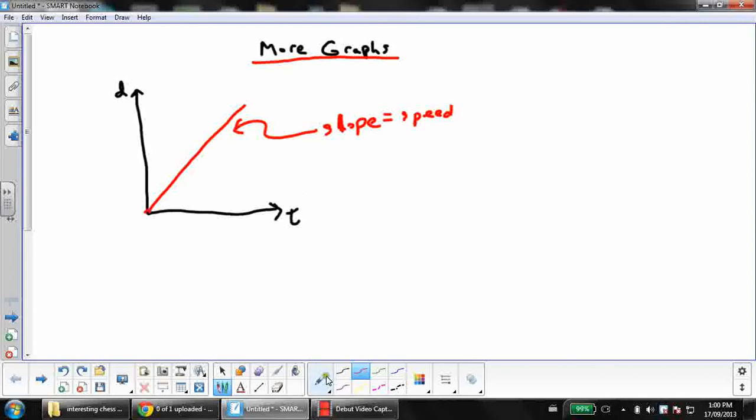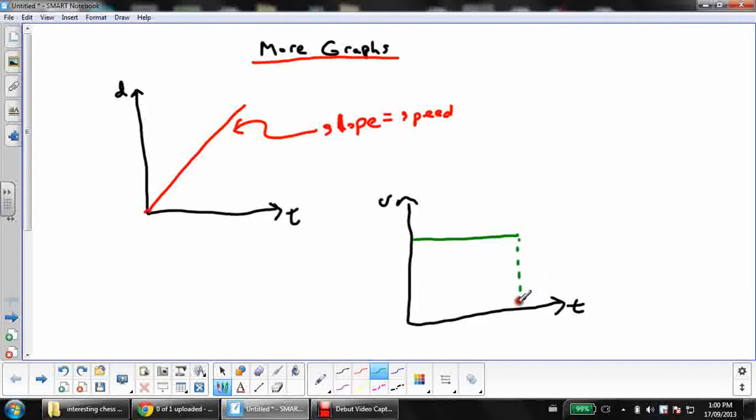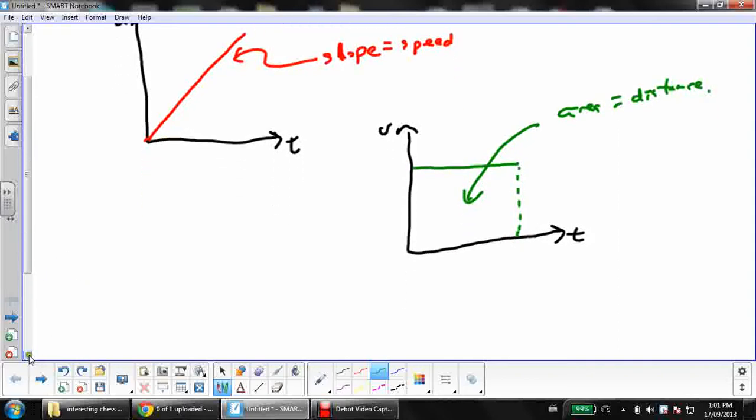If I have a VT graph, area is equal to the distance traveled, or displacement, depending on what type of quantity we're dealing with at that moment.